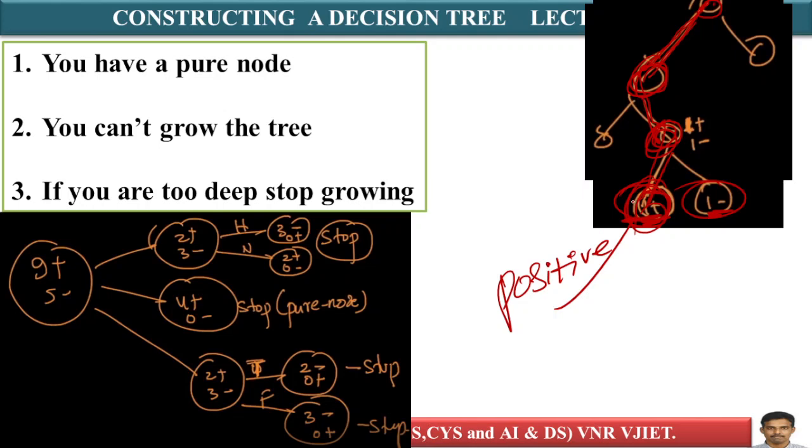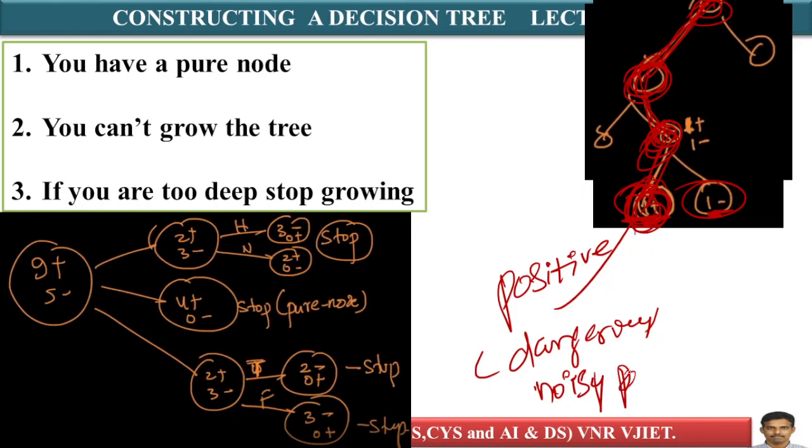That is actually dangerous. Why is it dangerous? In your whole training data, there is literally only one point which follows through this path, where all these conditions are satisfied. If that one point is a noisy point, what happens?